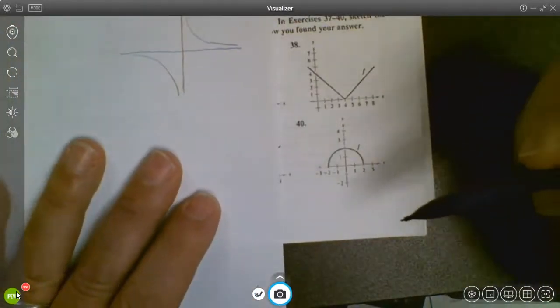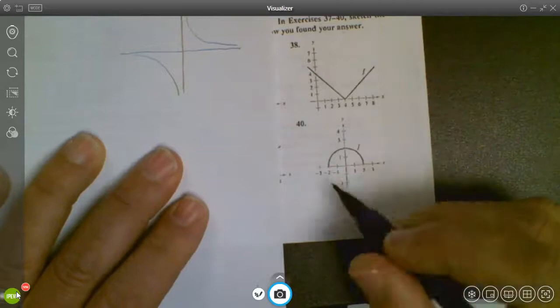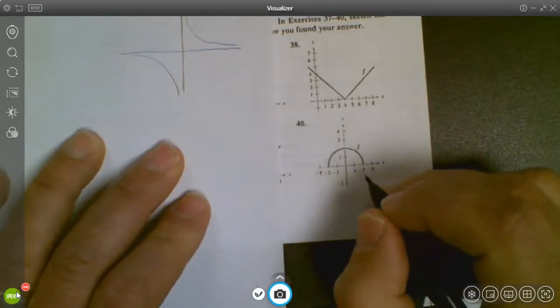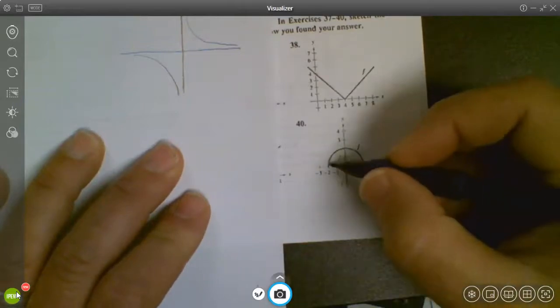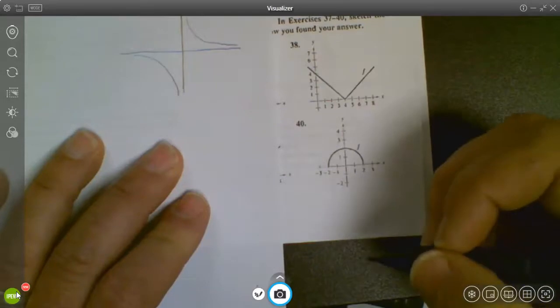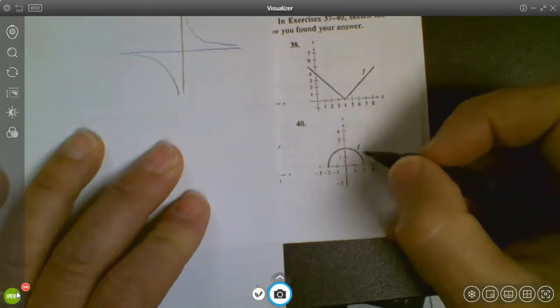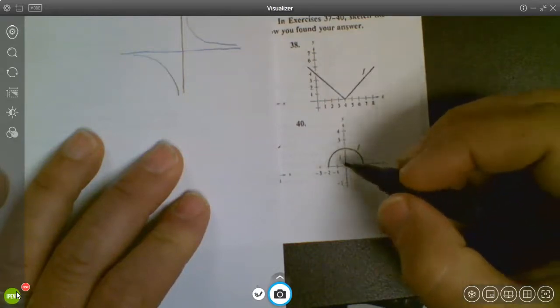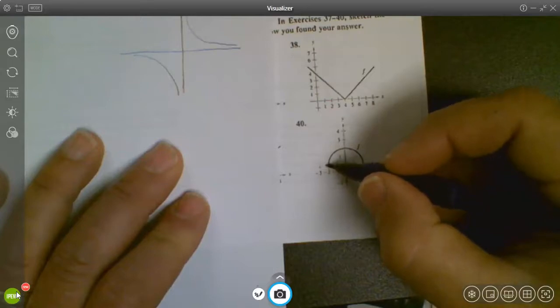Let's do one more. Might as well, right? Let's look at number 40 for if anyone's interested. This one is limited from -2 to +2. I am looking at a positive slope to the left of 0, a negative slope to the right of 0, and right here at the peak, we're seeing a 0 slope because, again, these are sort of decreasing positive slopes.